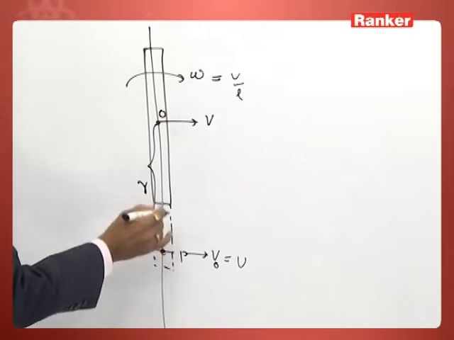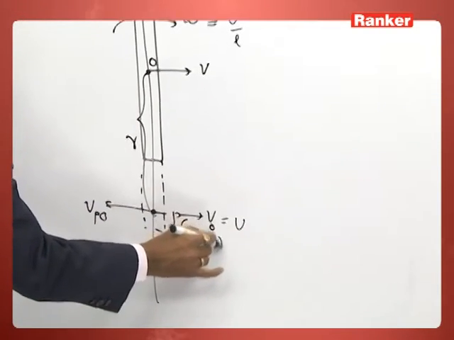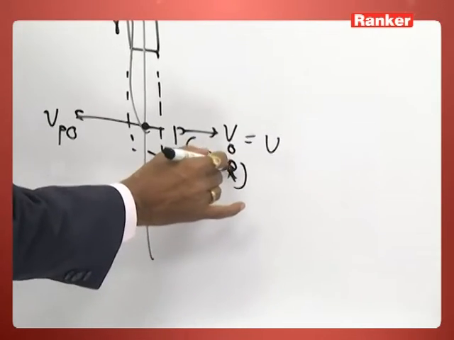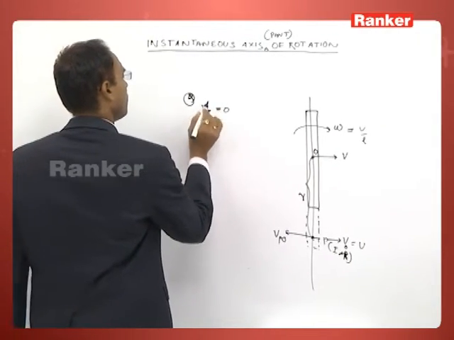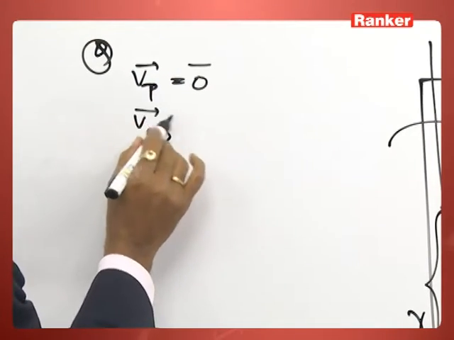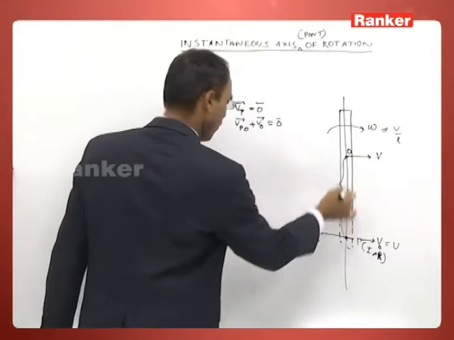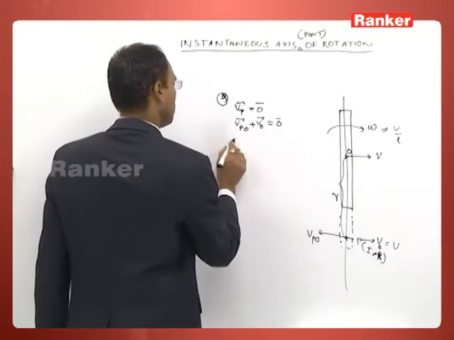The condition is that if we assume that this point P is the instant axis of rotation, this point should not move at this instant. So Vp is equal to 0. Vp is equal to Vpo plus Vo is equal to 0. Vpo, this point P moves with respect to O in this direction because it spins in this way.